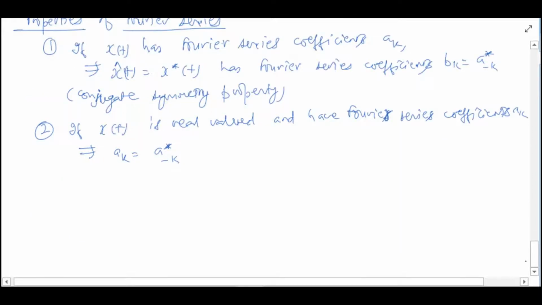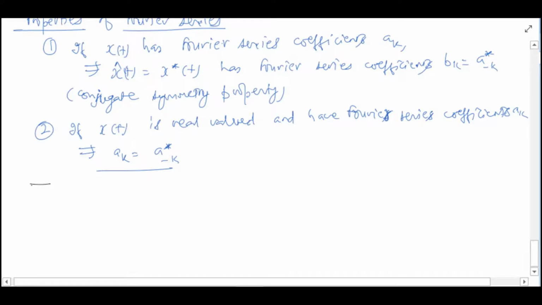In particular, this says that if x(t) is real valued, we only need to compute a_k for non-negative k, and we can recover a_k for negative k from these values.